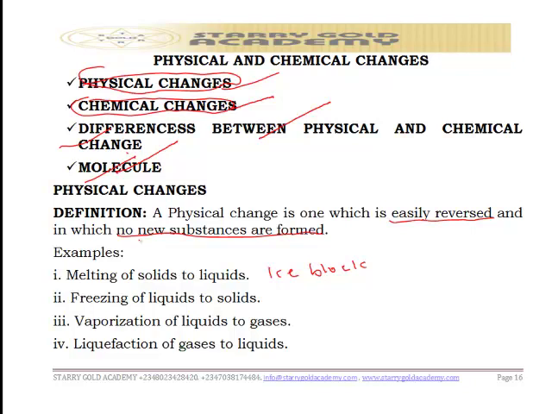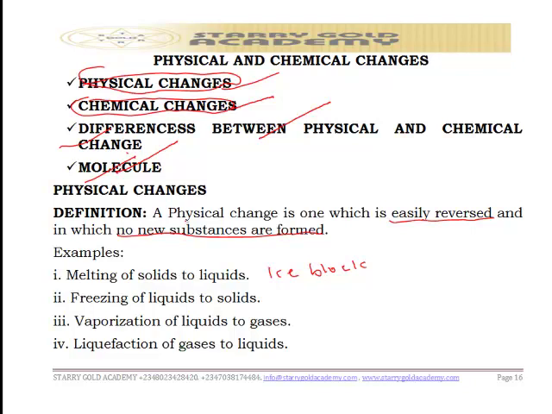We said the physical changes are ones which are easily reversed, and in which no new substance is formed. Like you can see on the screen, we have the underlined words easily reversed and no new substance formed.